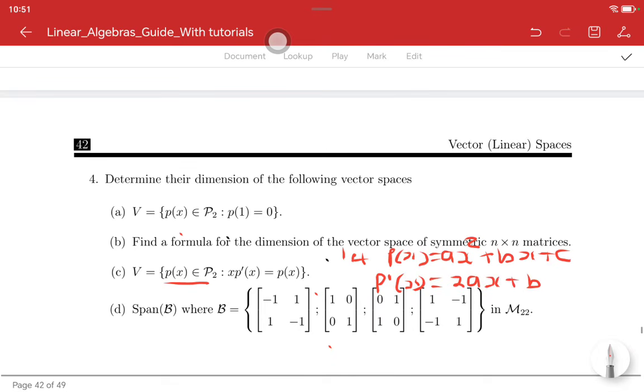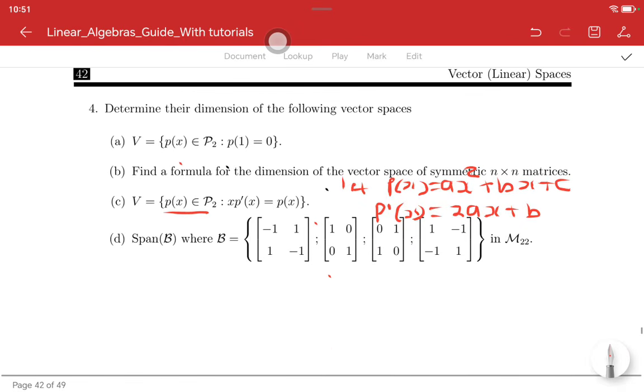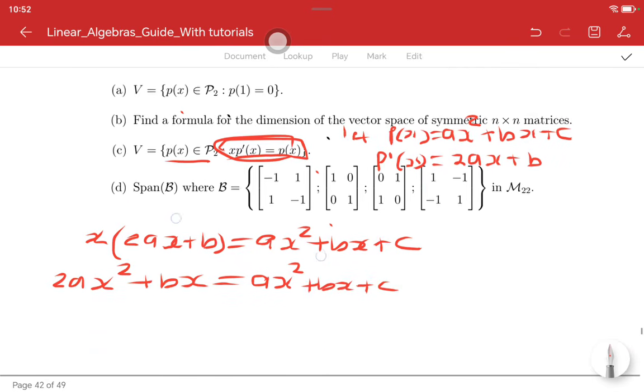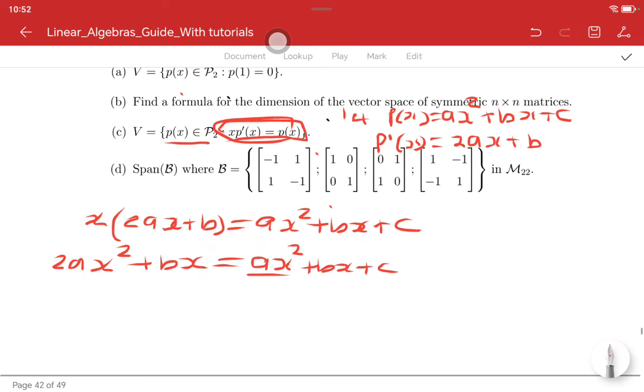So we'll have this. Now, the equation is saying that x times this, 2Ax plus B, will be equal to Ax squared plus Bx plus C, which is this one, right? Then this side we're going to have 2Ax squared plus Bx. This will be equal to Ax squared plus Bx plus C. When I take this to the other side, I'm going to have Ax squared.